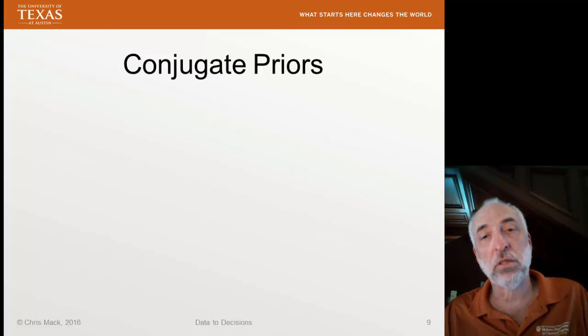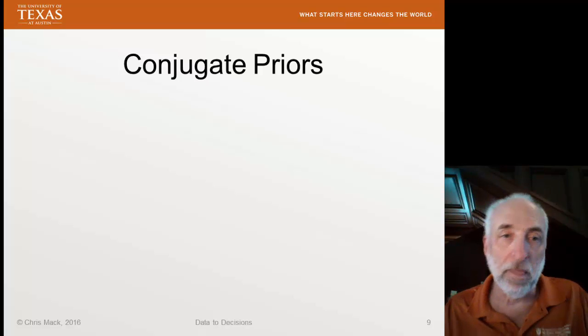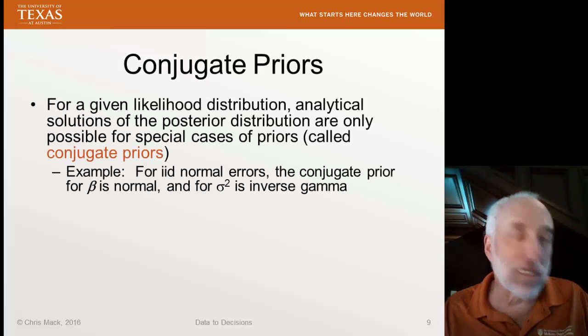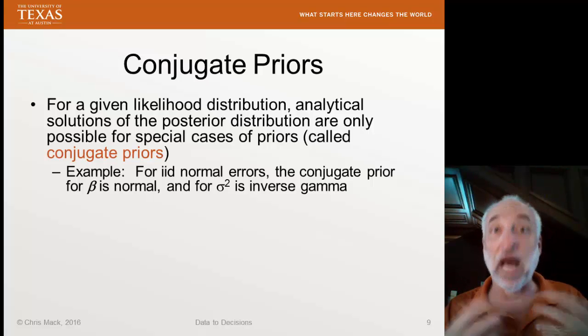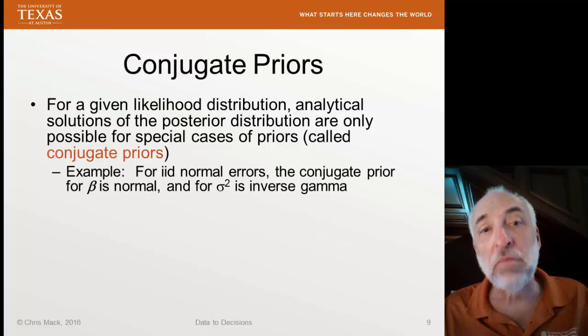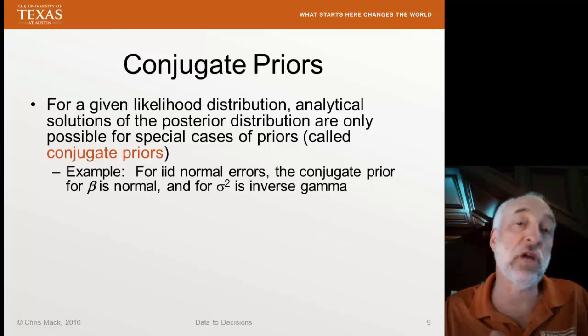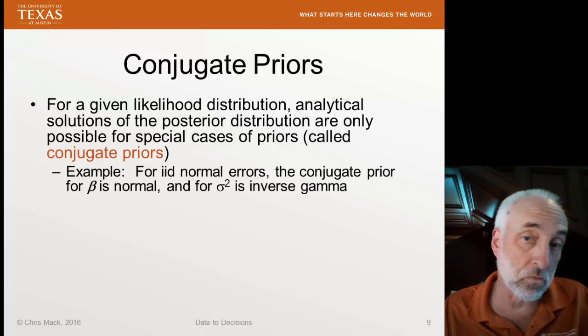Another popular example of using priors is to use conjugate priors. If I have a certain likelihood distribution, where I've made assumptions about how the y's are distributed, there are some prior distributions that allow analytical calculations of the posterior distributions.